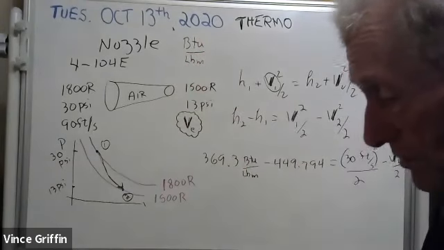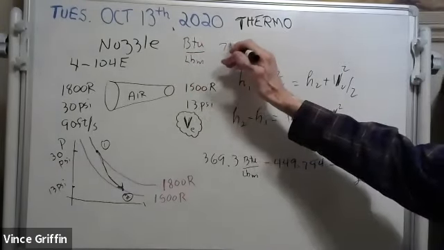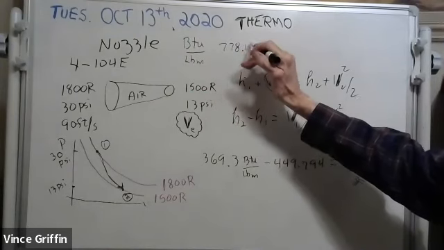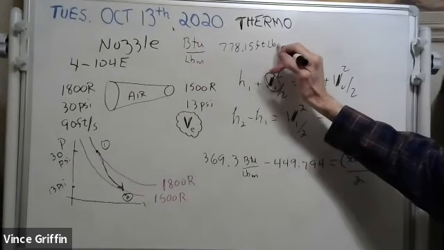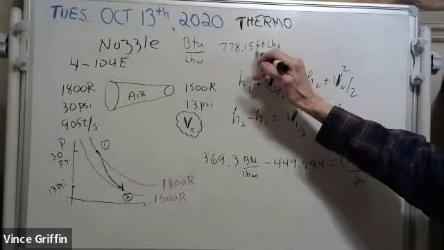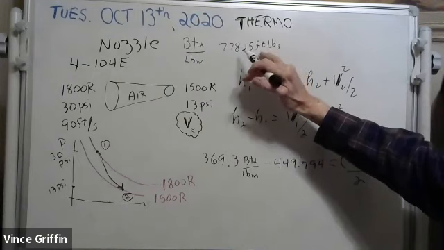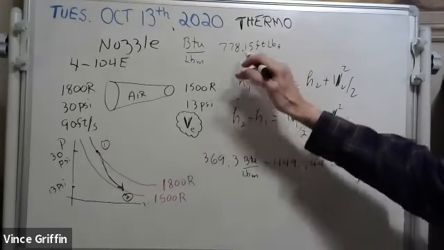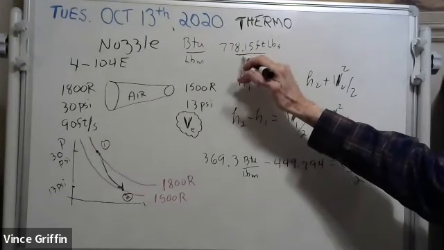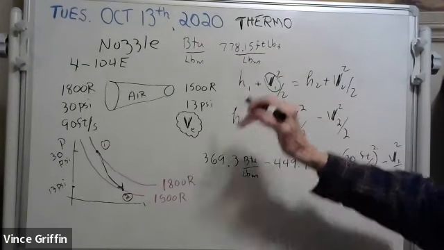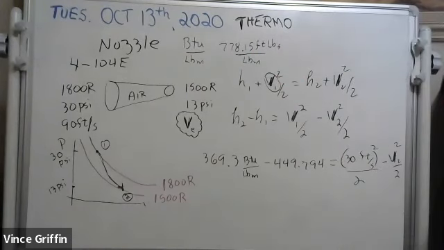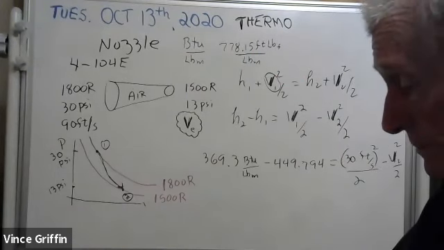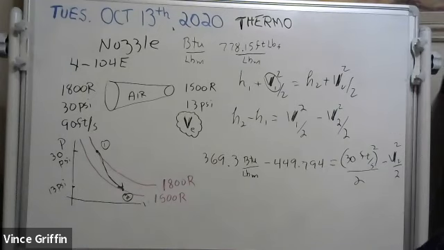Now a BTU is equal to 778.15 foot-pound force. And we were dividing by pound mass. I've got to convert these units somehow. So far, so good.